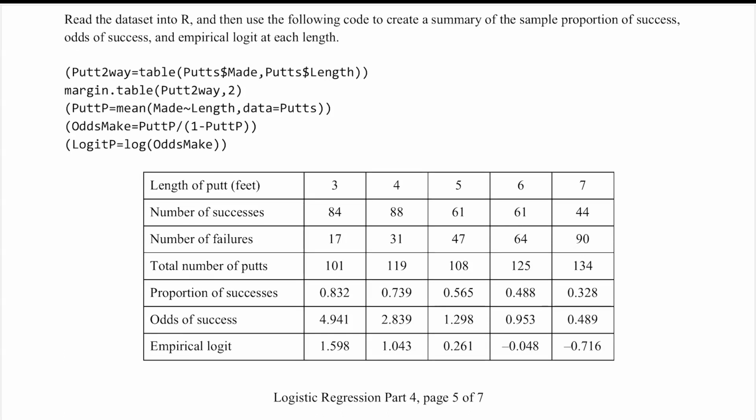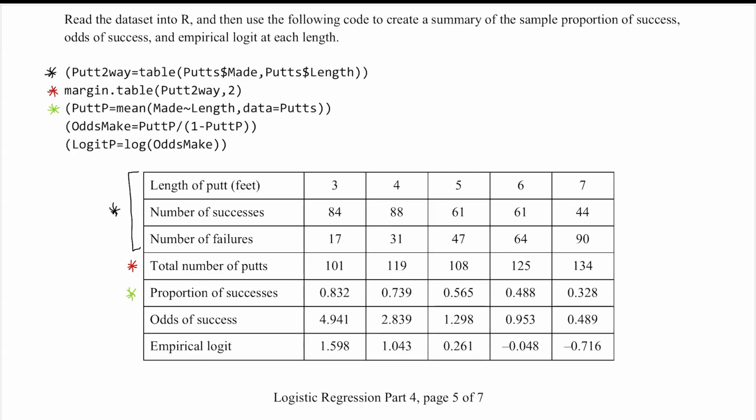Now the data set is not in summary form, it's raw data, but you can create the summary table that I have, although not all at once, by using this code. So this first table command basically gets the first 3 rows of the table together. And then this margin.table creates the totals for each length, total number of putts for each length.